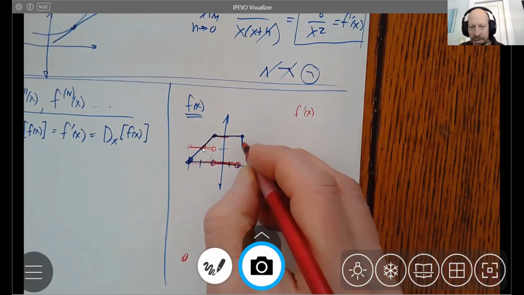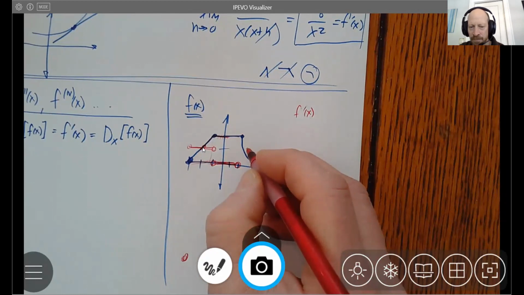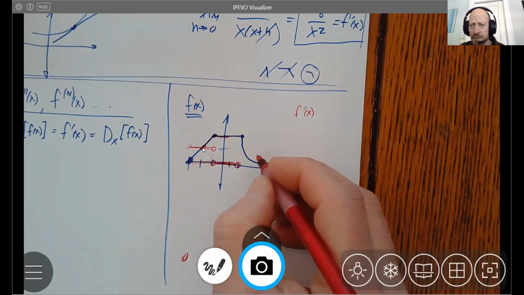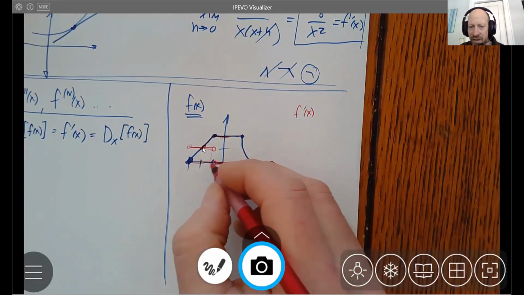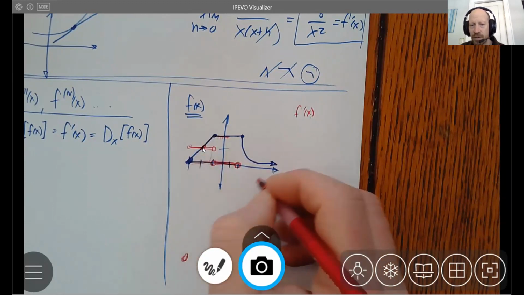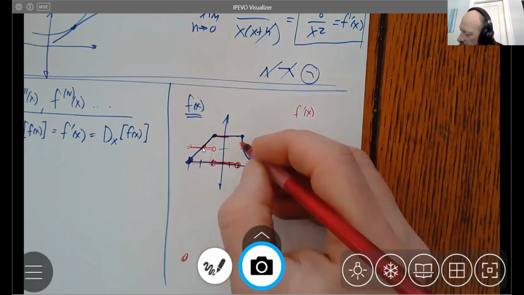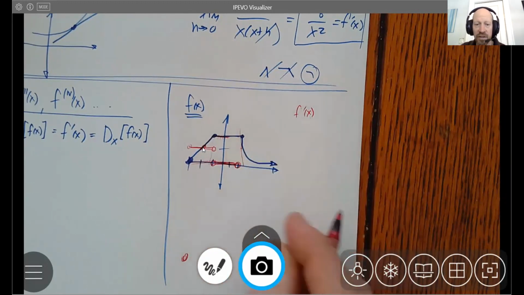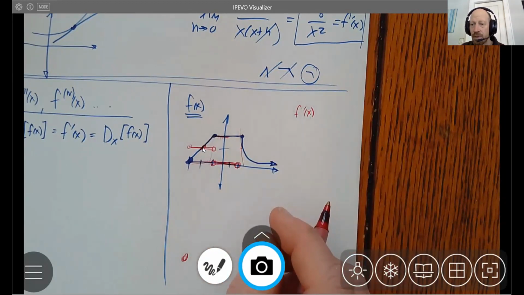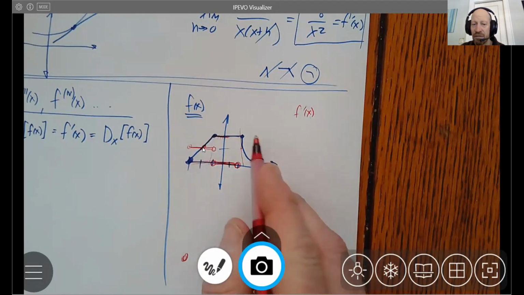Now here, this is a curve which has a changeable slope. So rather than having these fixed slopes, I'm going to have a slope that somehow changes. I notice right here that the tangent line is going to be very steep and also negative, because the tangent line is going down.